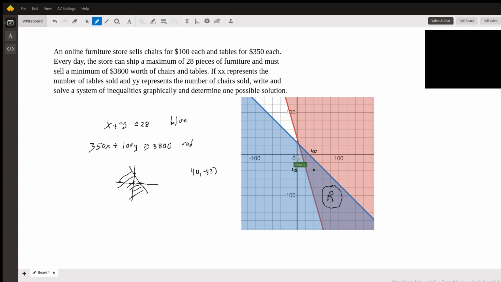There's a third constraint that's not graphed here, which is that the number of chairs and the number of tables has to be either 0 or positive. So that is not the solution region. I apologize for that.